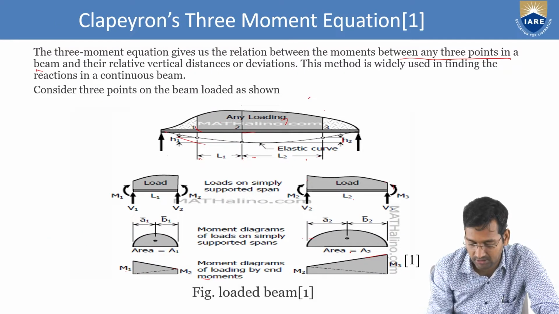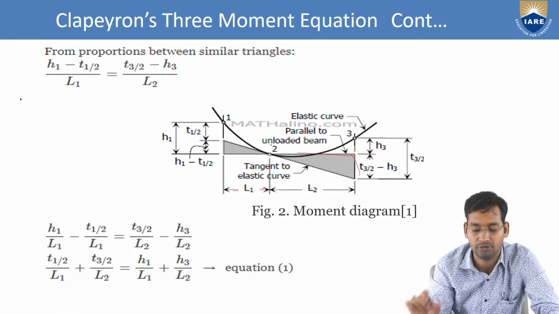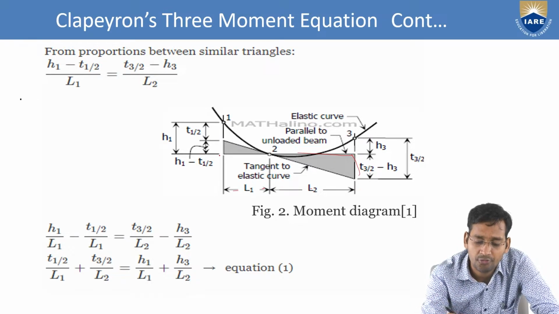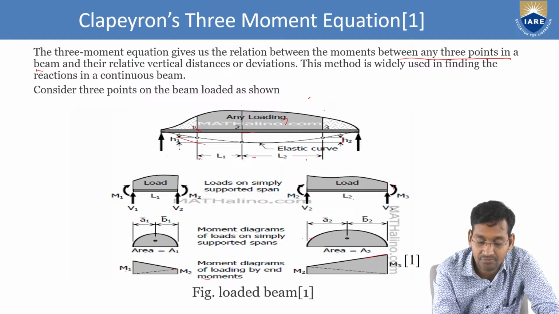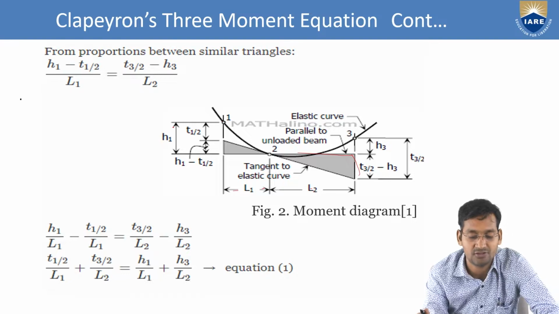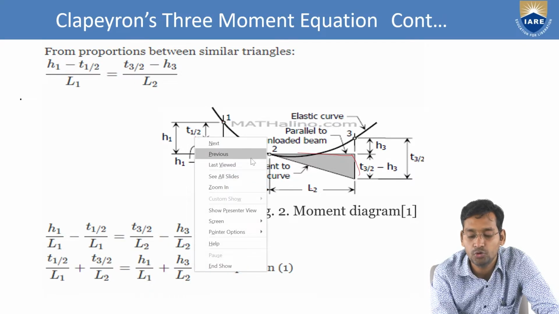M3 and M2 will be bigger on this side, and this is for M1 at distances L1 and L2. Now from here to here, what we assumed in this figure is H1, this total curve, so up to this is H1. After this moment, what we have taken is T1 to T2.